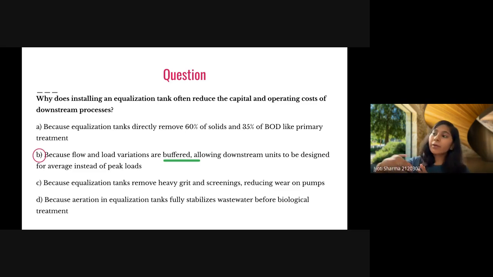So when we go to the further step, we do not have to care from where this load is coming or at what flow, because we are mixing everything. From anywhere it is coming, we now have uniform wastewater, so that we can design our downstream technique based on that buffered solution only.